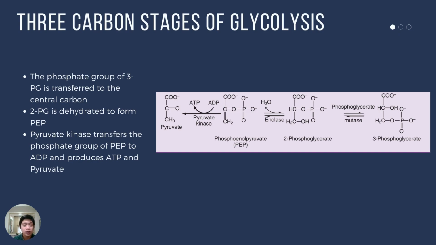2-phosphoglycerate will then be dehydrated. You remove a water molecule to form phosphoenol pyruvate, and therefore the formation of a double bond.